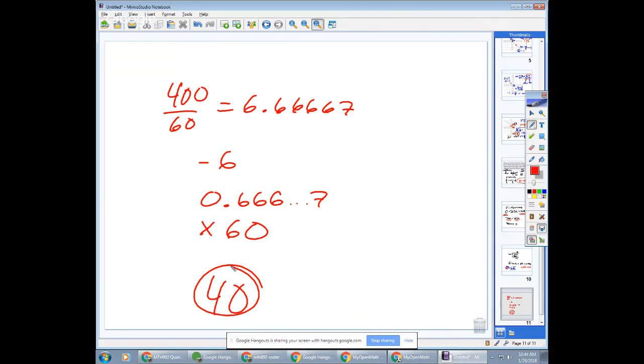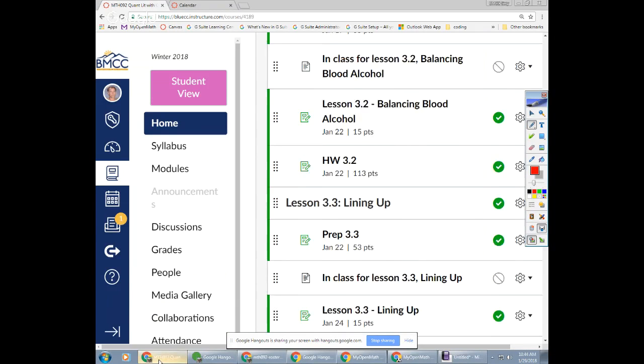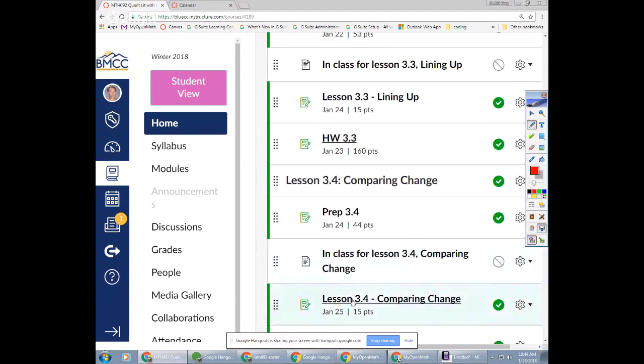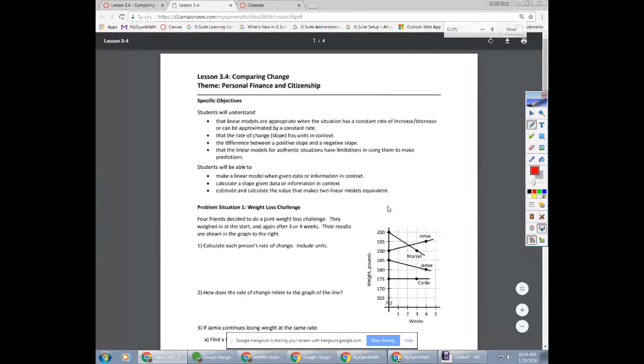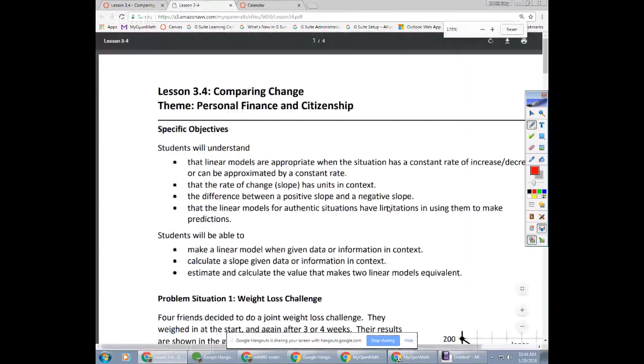So section 4 is more of the same stuff. Let me bring up the worksheet and make some comments. We are going to do another spreadsheet and get better at using spreadsheets. Our goals are still to talk about that constant rate of change.